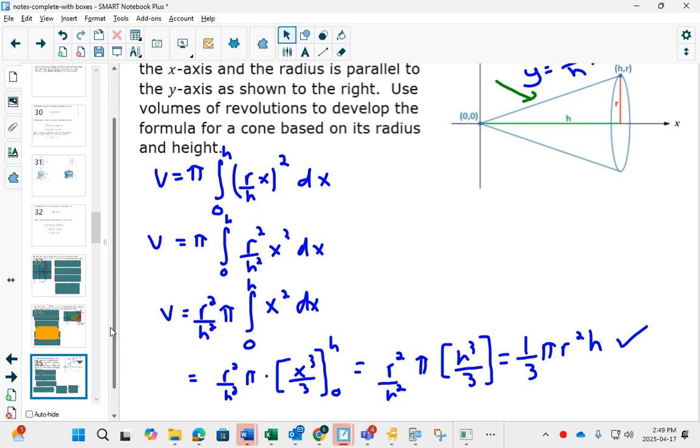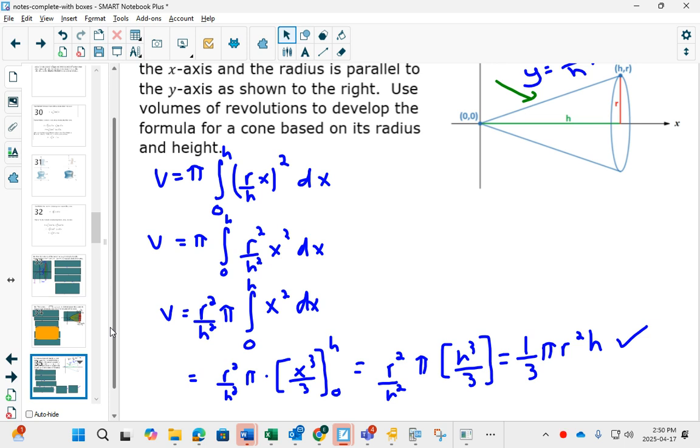They would have figured this out much earlier. Egyptians and their pyramids were figuring out all sorts of mathematical things way before calculus. But it's just kind of cool that now that we've got calculus, we can revisit this. Is this possibly a lot easier way to prove that it's a third compared to whatever methods were used prior to that? Most likely, yes. And now we have a very nice proof for it, right?